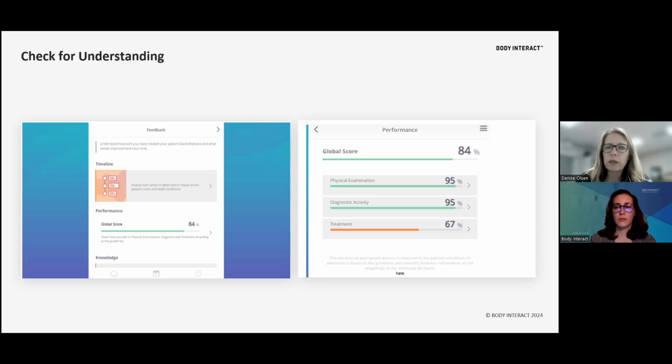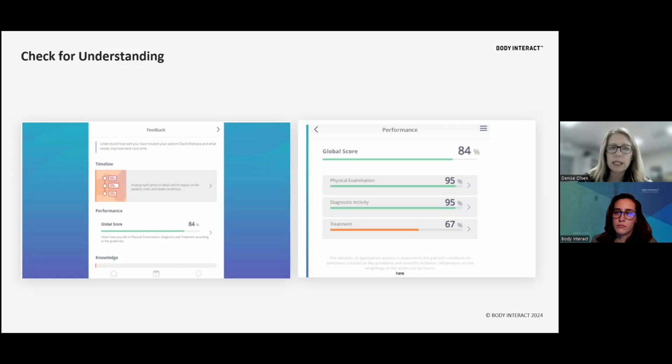So it's important that they go through all of the steps. And when you're in a classroom setting, they start talking to each other, and I have to remind them, no, just because you heard that, this is what you have to do at the end, you still have to treat that patient yourself.